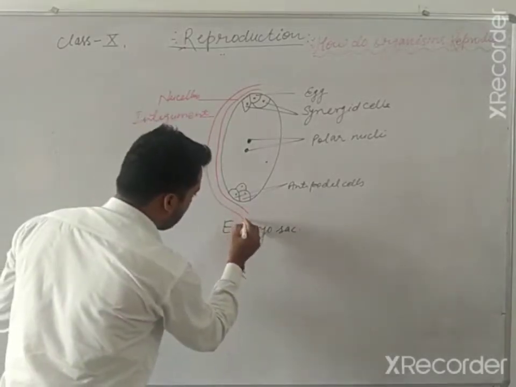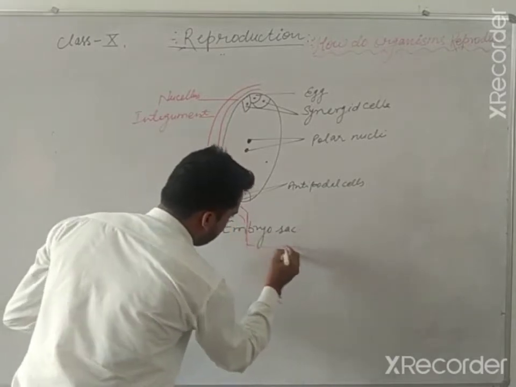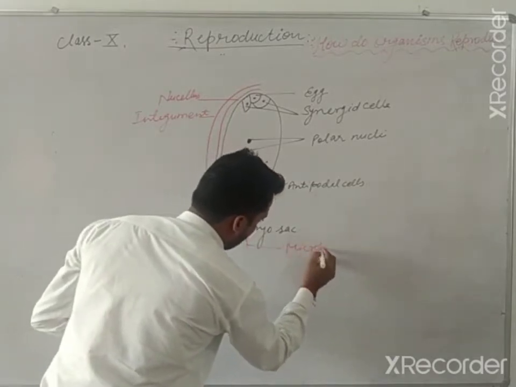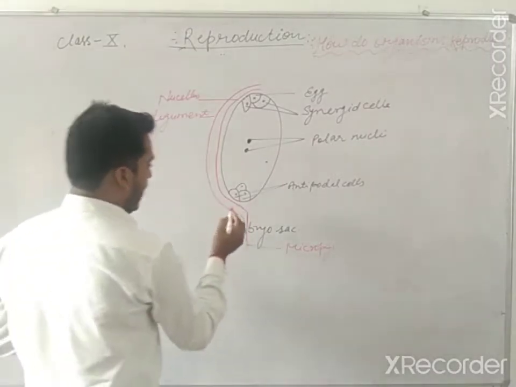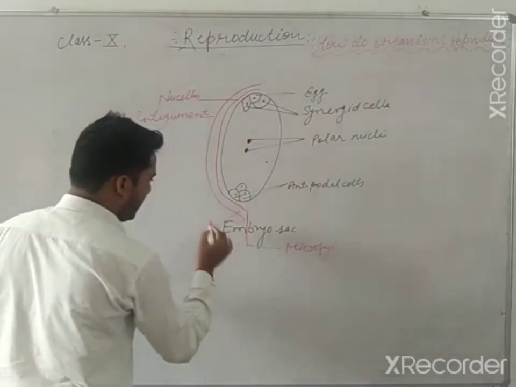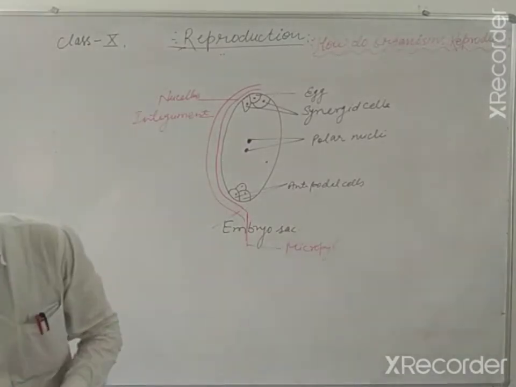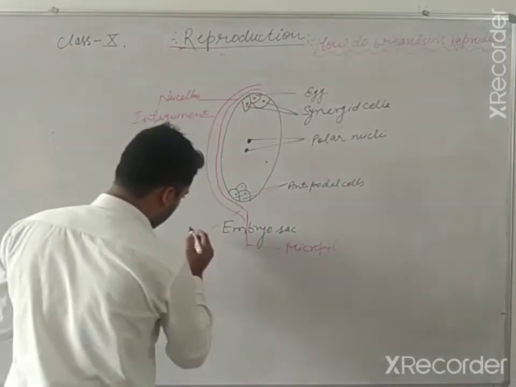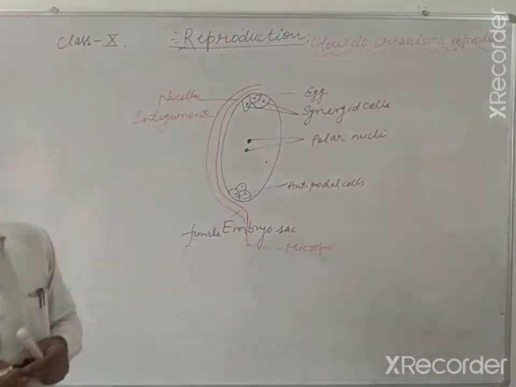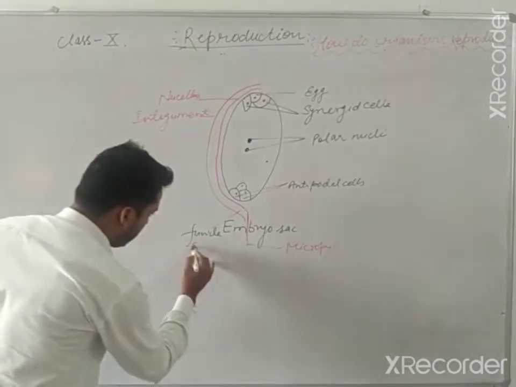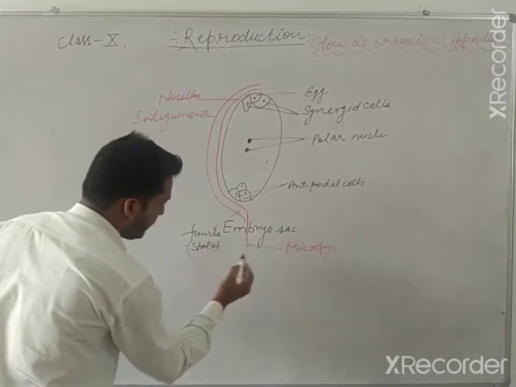Here a vacant space is present, which is called the micropyle, because the integuments are not joined together. Here a structure is also present, named the funicle. The funicle is a stalk-like structure.